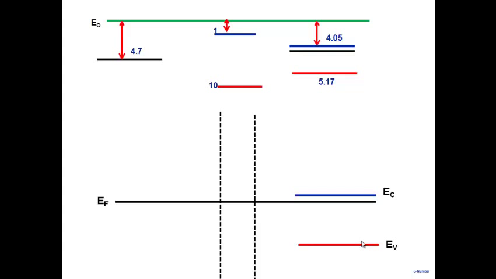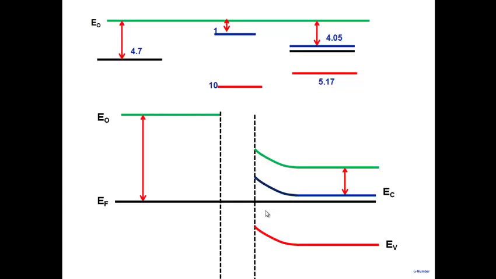The next thing is, let's locate the vacuum level. Vacuum level is over here, and it is 4.7 here and 4.05 there, so no problem. As I approach, note that the vacuum level is going to go up, obviously. Now the moment I come here, the vacuum level will go like this.